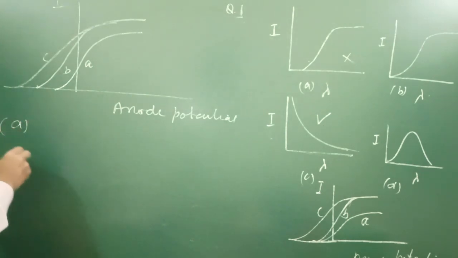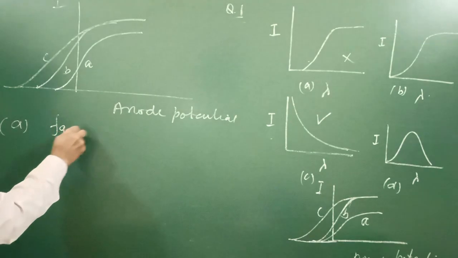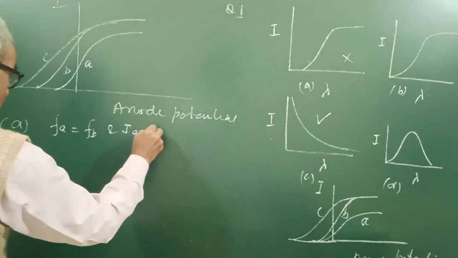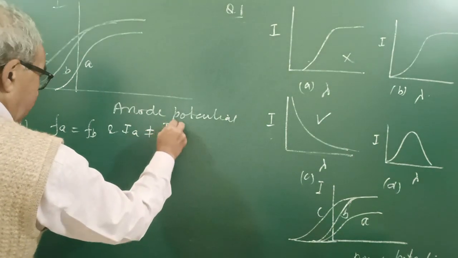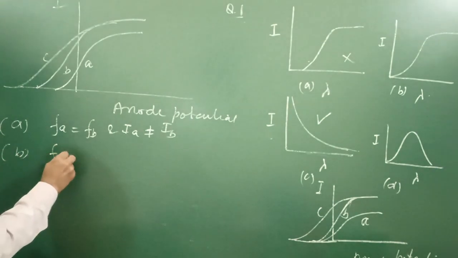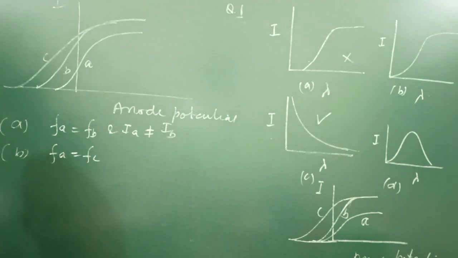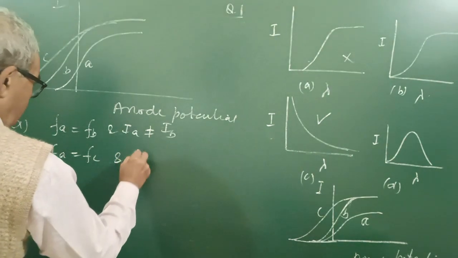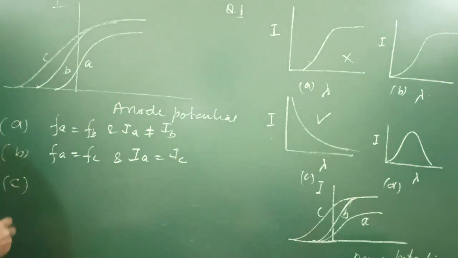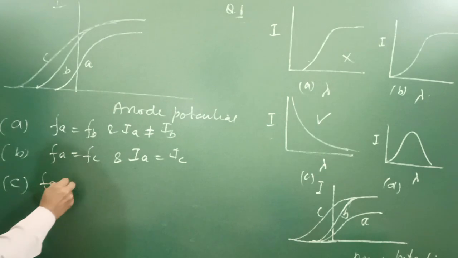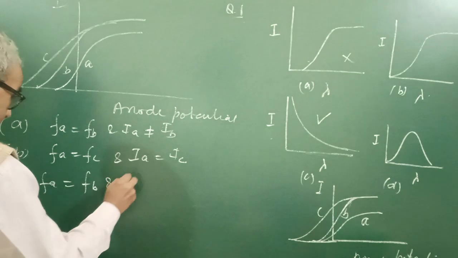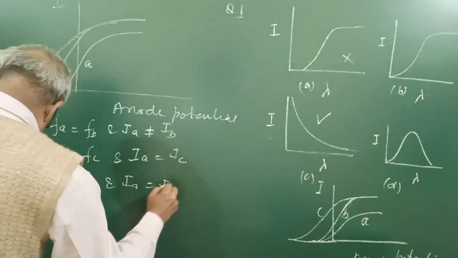Option A: FA equal to FB and IA not equal to IB. B option: FA equal to FC and IA equal to IC. C option: FA equal to FB and IA equal to IB.